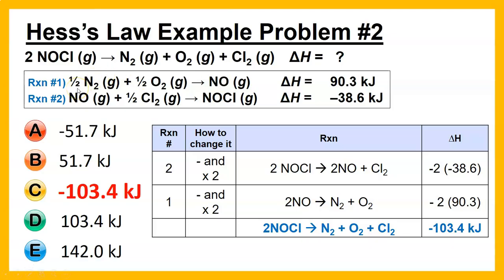But then, since these were standard conditions trying to make 1 mole, and that leaves us with these fraction coefficients, that's not going to work because I don't want 1/2 of nitrogen, I want 1 mole of nitrogen. So I'm going to have to multiply that by 2 as well. So I do -2 times this value, -2 times this value, add those together, cancel out anything that shows up on both sides, and I get my overall finished answer.